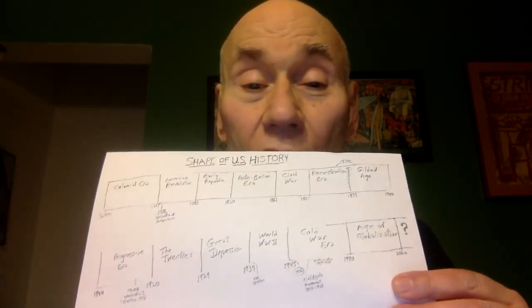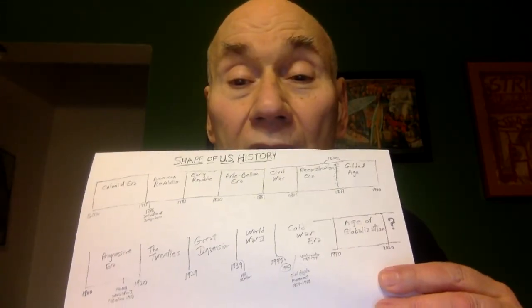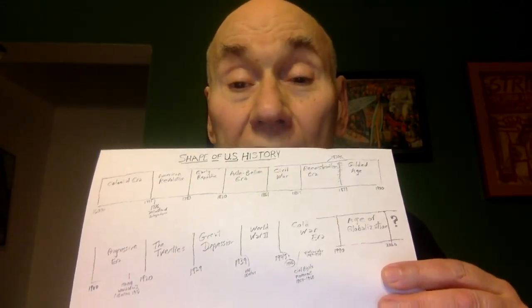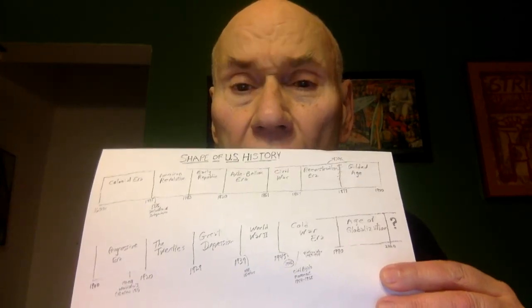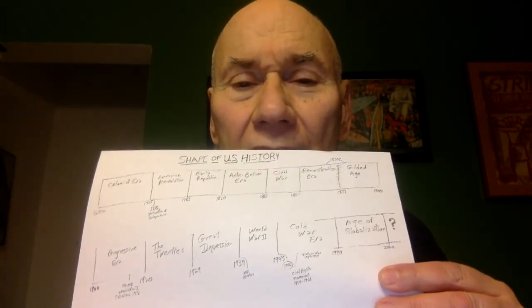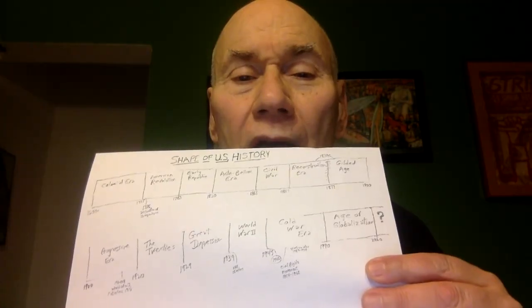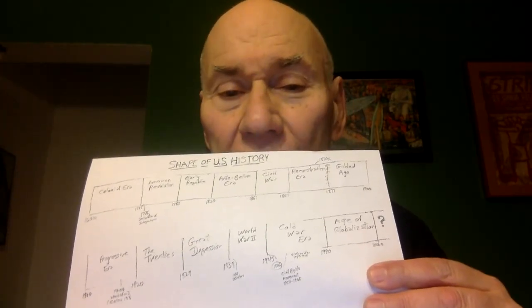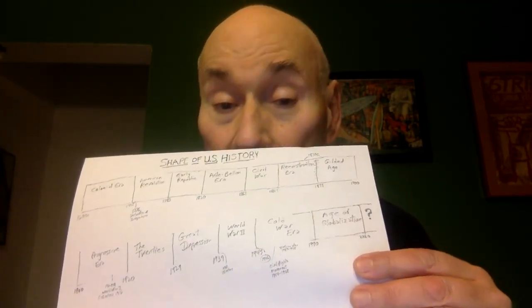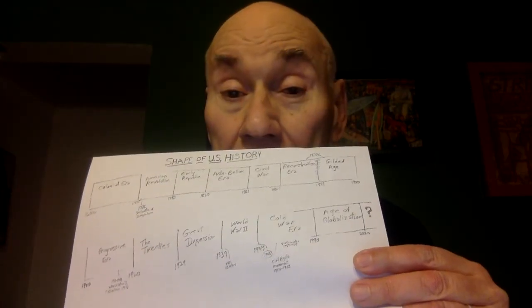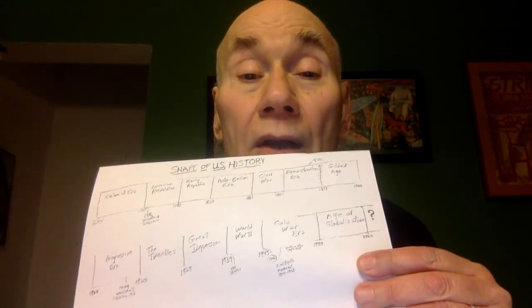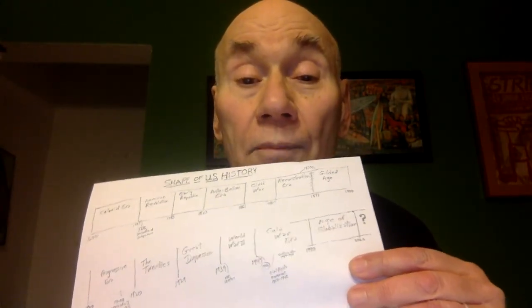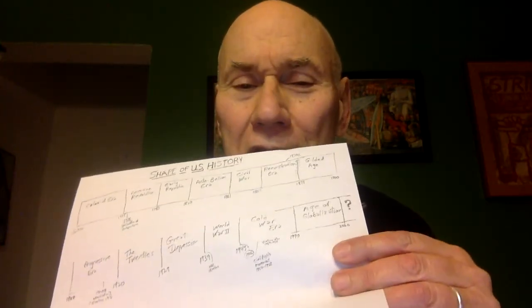Now, there are various problems that developed in the Gilded Age, and those problems generated great discontent. And the Progressive Era, from 1900 to 1920, those are the dates we're giving, involved various efforts to bring about reform, to change things for the better, to make progress.